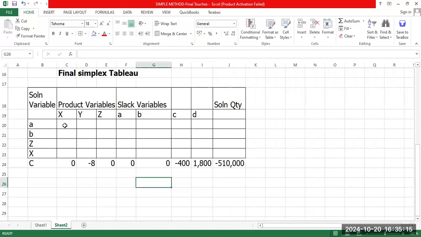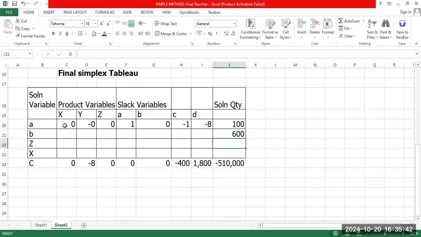Then here you will be having 0, -0.02. Here you will be having 0, 1, 0, -1, -8, then 100. Here you will be having 600.